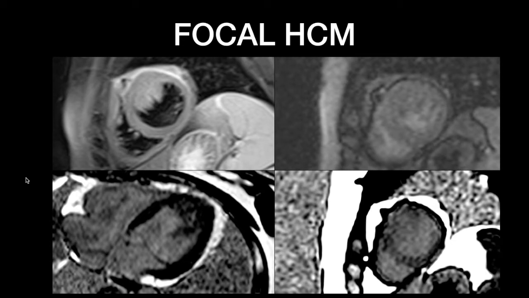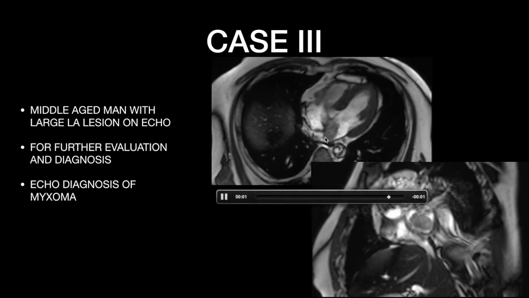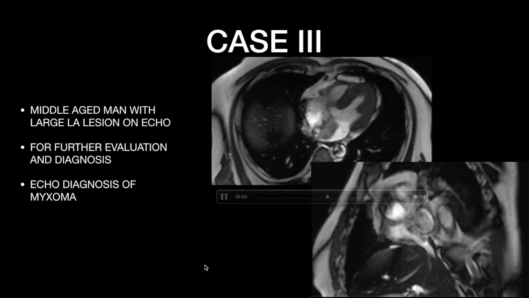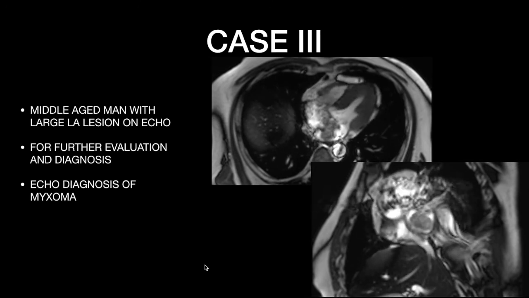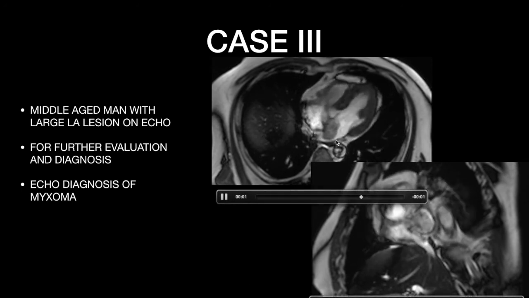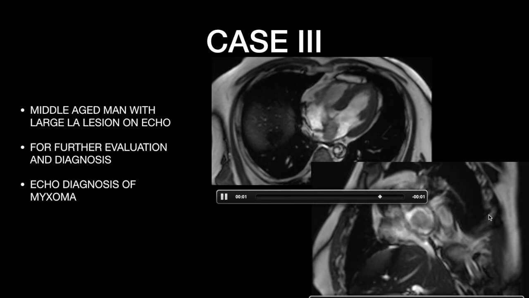So let's move towards something which is neoplastic. A middle-aged man with large LA lesion on echo. For further evaluation and diagnosis, echo diagnosis was kept as myxoma. Seen on a 4-chamber and a short axis image is a well-defined iso to hyperintense lesion as compared to the myocardium along the left atrium, which is having attachment to the interatrial septum, causing indentation on the anterior mitral leaflet with mitral regurgitation.